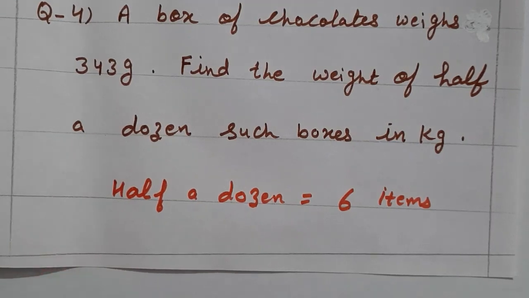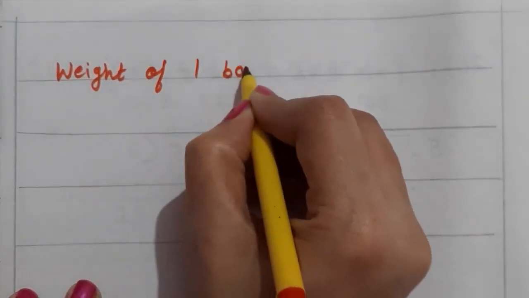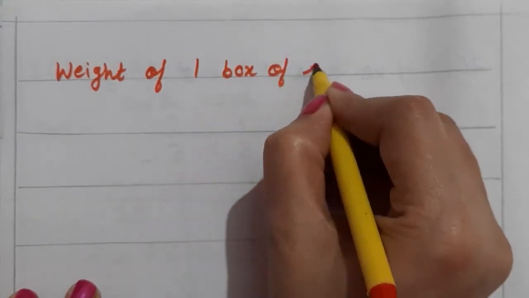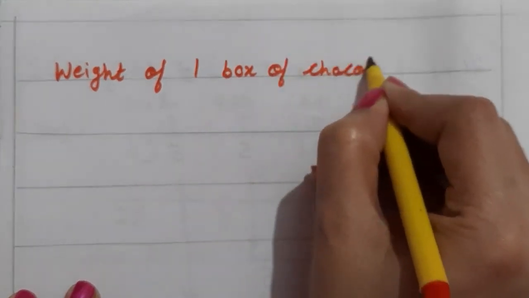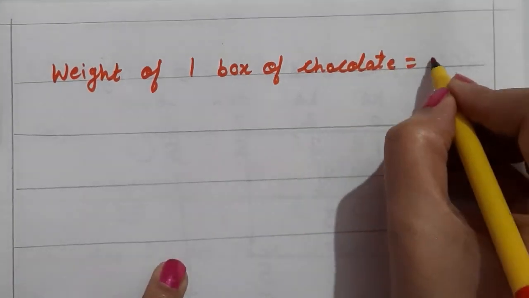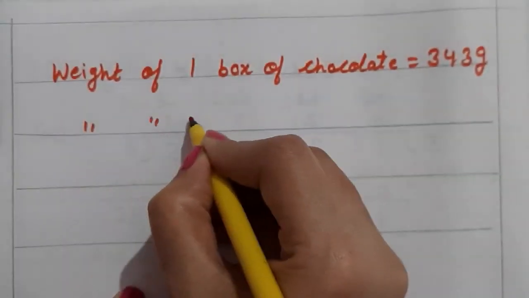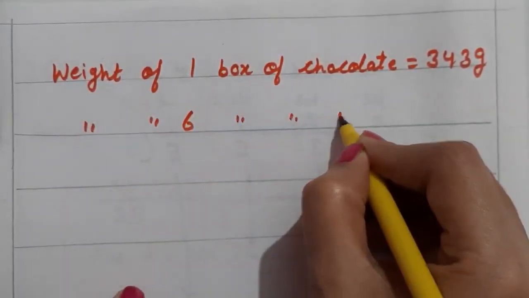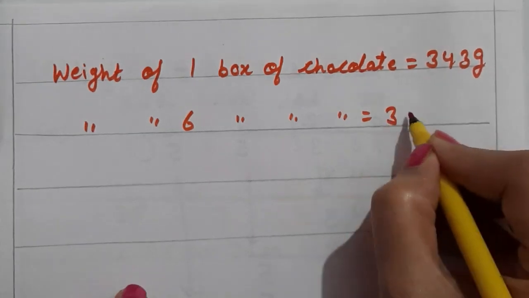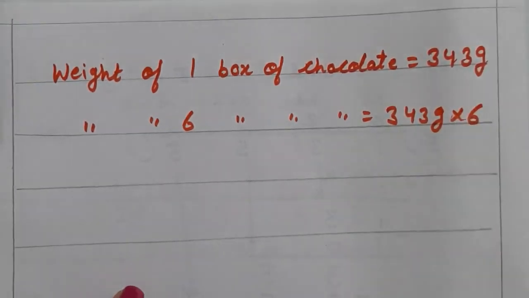Now you will apply the statement. Now write the statement: weight of 1 box of chocolate is equal to 343 gram and weight of 6 boxes of chocolate, 343 gram multiply by 6.